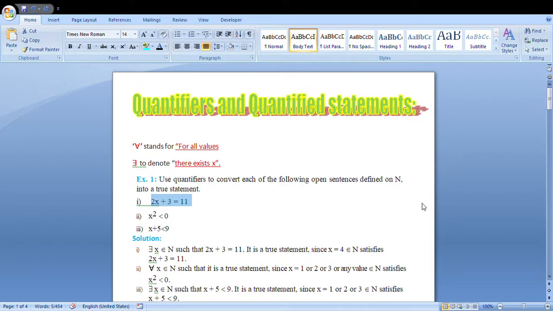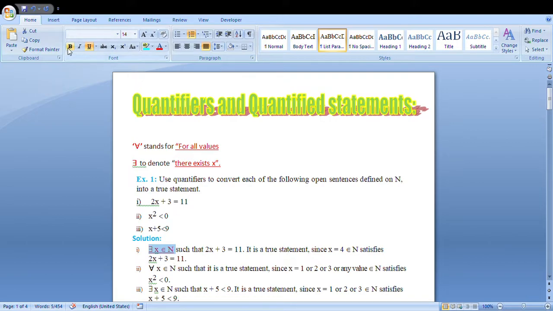So only for the value 4 is the given statement 2x plus 3 is equal to 11 true. Otherwise it is false. So there is a single value. There exists x equal to 4, and therefore we use the symbol there exists x belongs to N.